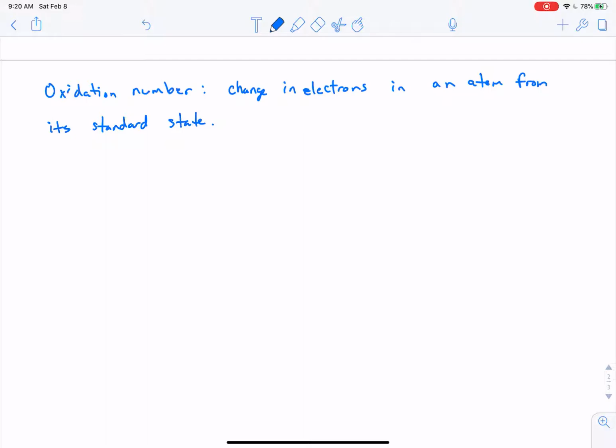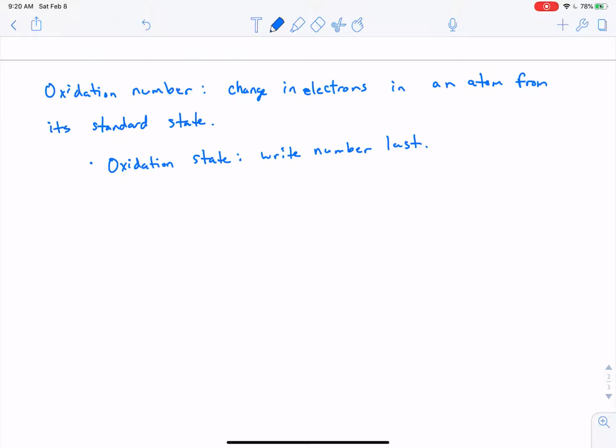And so the key thing here for oxidation state: write number last. That's something that you don't want to lose a mark for. An oxidation state is always written number last. Charge is written with the sign last.